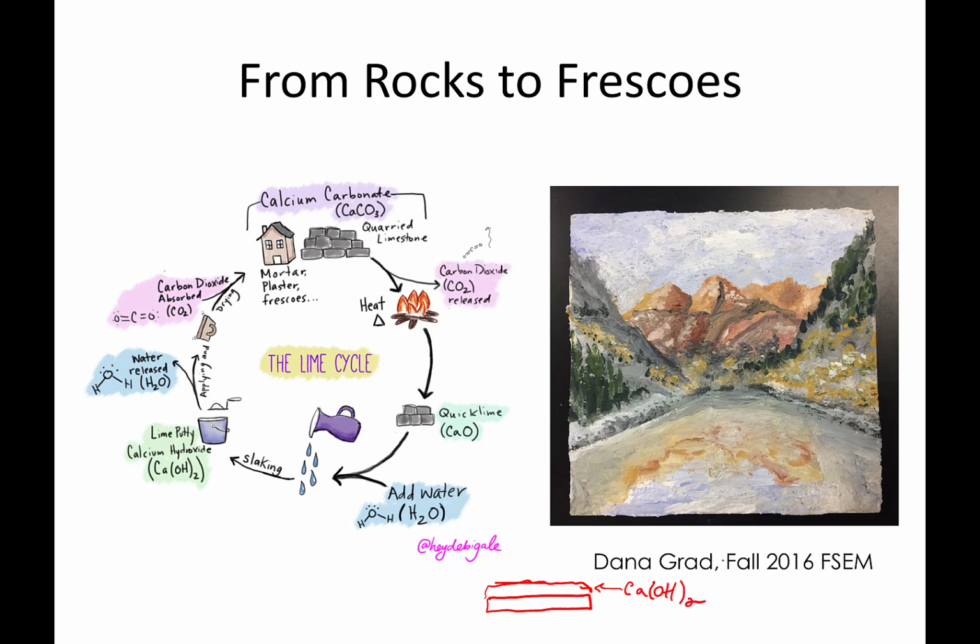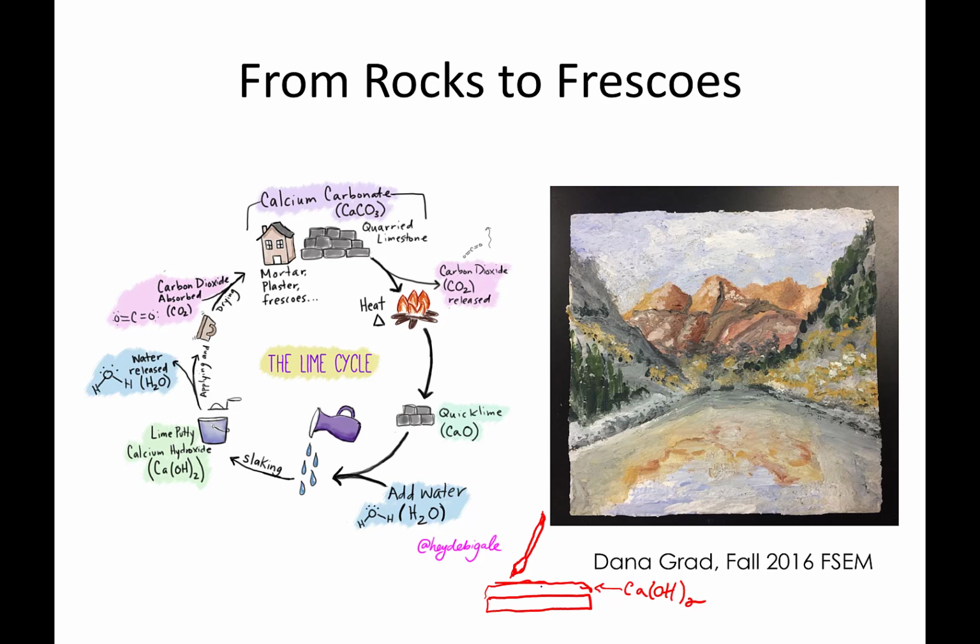And it was sort of wet, so you could spread it out. It was a putty. And then what she did, and what all of the students did, was take pigments and paint directly onto the slaked lime. You could just take literally a pigment in some water and paint directly onto the putty.